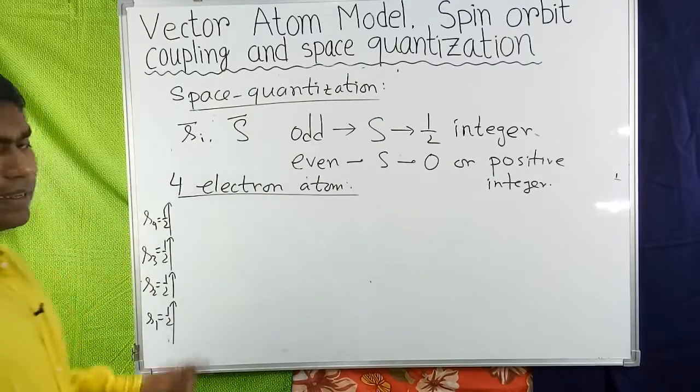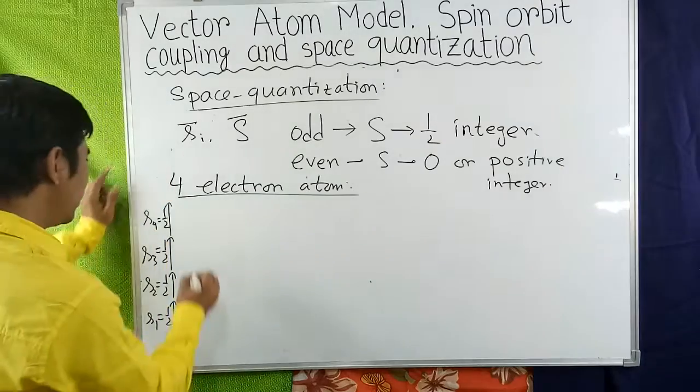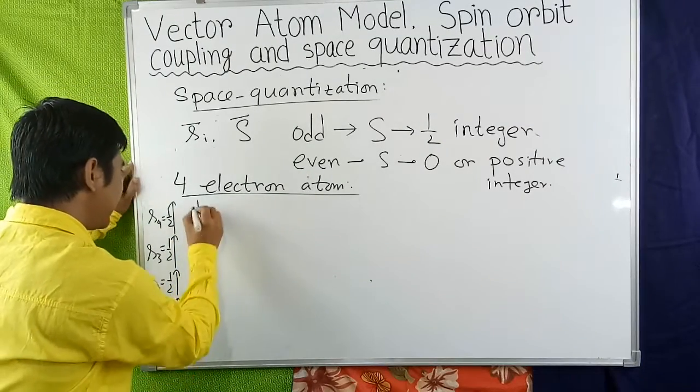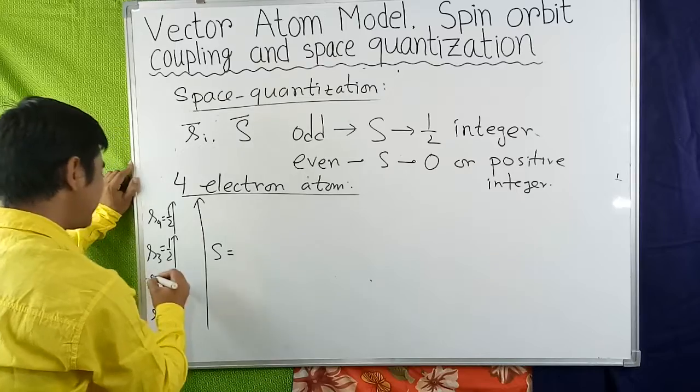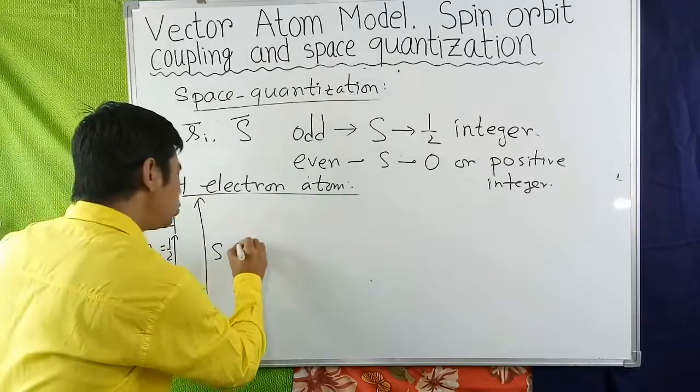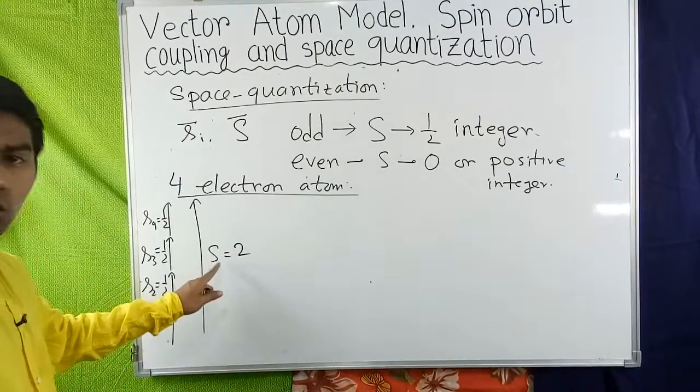Now all are parallel. So the addition of Si, S equals to half plus half plus half plus half, that is 2. So one value of S is 2.